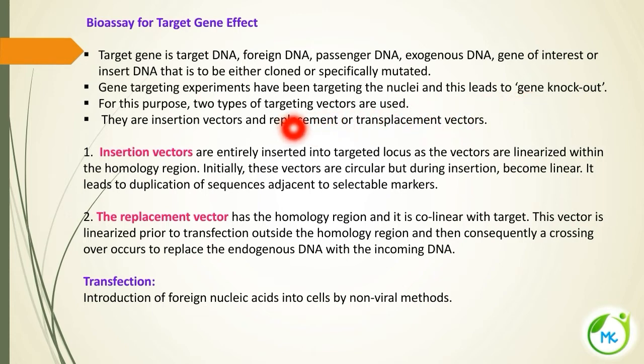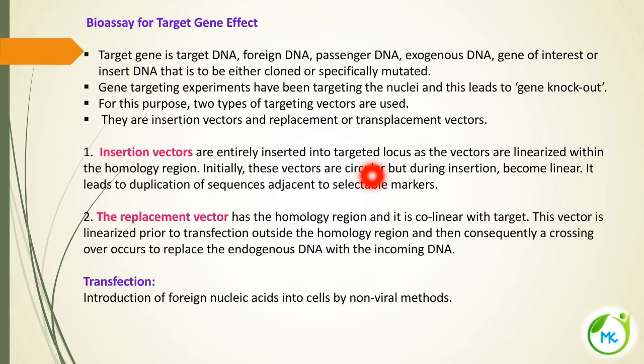And for this purpose, two types of targeting vectors are used. They are number one, insertion vector, number two, replacement vector. First, insertion vector. Insertion vector is entirely inserted into the target locus as the vectors are linearized within the homology region.